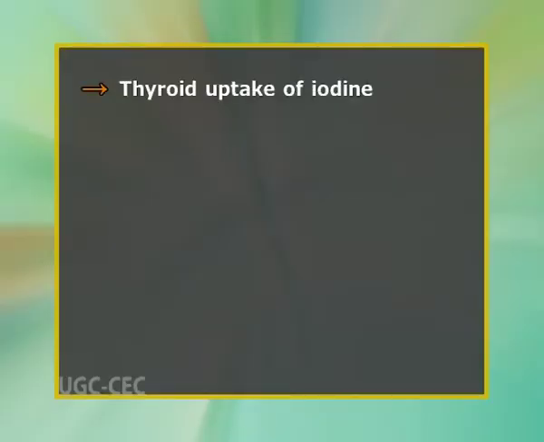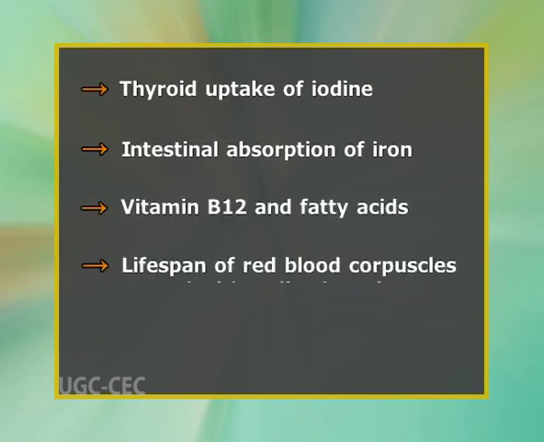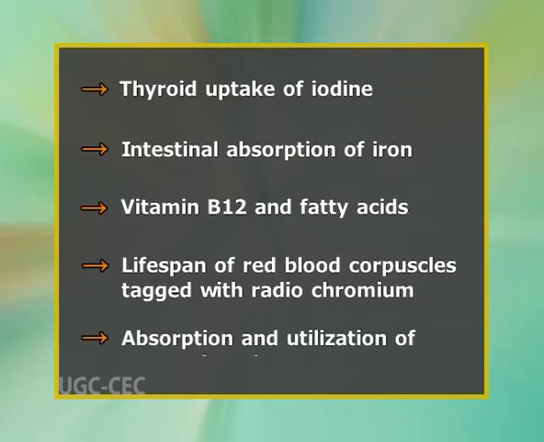Measuring such a person for several ensuing days discloses the excretion rates of the isotope from various bodily compartments, and by this means various aspects of human metabolism and disease can be tested and studied. Thyroid uptake of iodine, intestinal absorption of iron, vitamin B12 and fatty acids, the lifespan of red blood corpuscles tagged with radiochromium, and absorption and utilization of trace minerals are all among the studies that can be done with these devices.